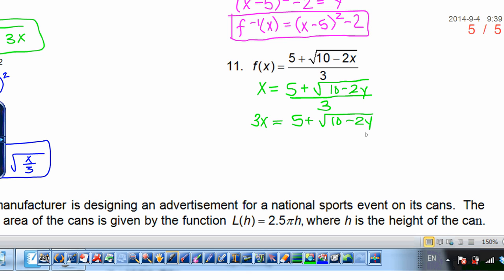Good. Then we subtract 5. So 3x minus 5 equals the square root of 10 minus 2y. Square both sides. And what do I have to do with that 3x minus 5? Parentheses, good. 3x minus 5 squared equals 10 minus 2y.